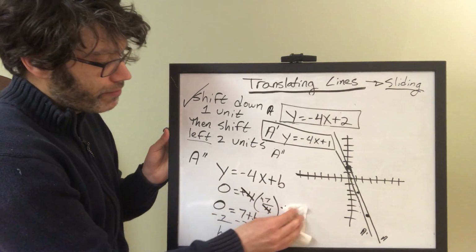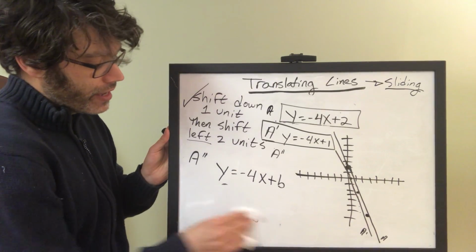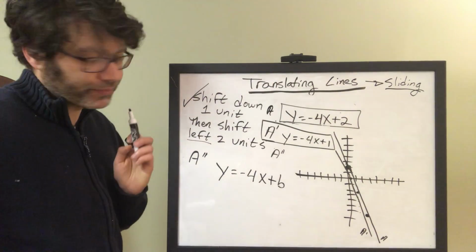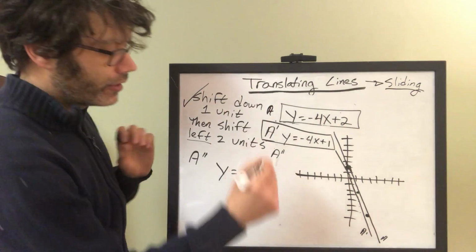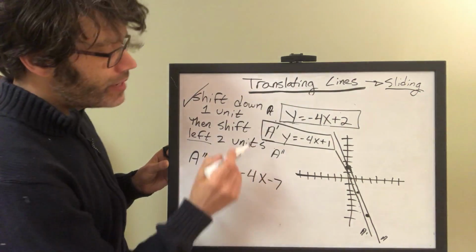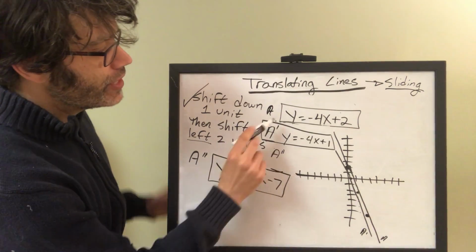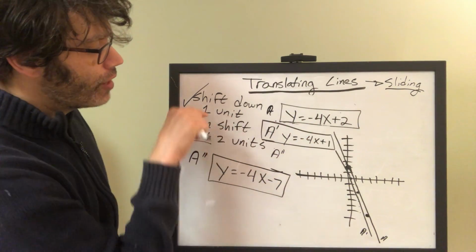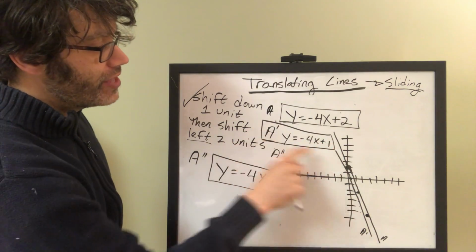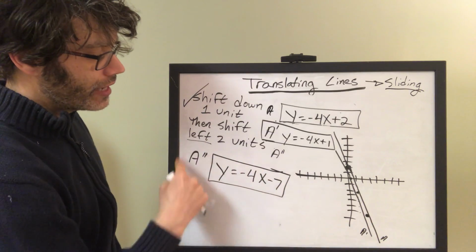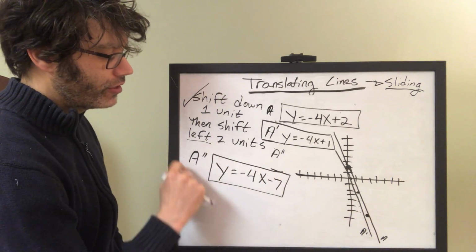So now I can put that into the final equation, and we will have what happens after our composite translation. After we shift this original line down 1 unit, which makes it look like this, and then we shift this line to the left 2 units, it looks like this. And this is our final answer.